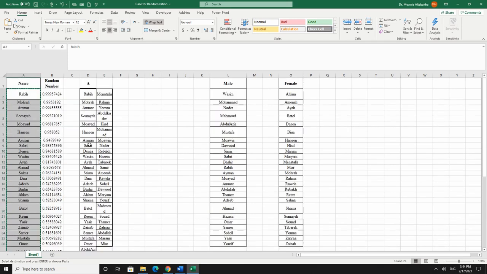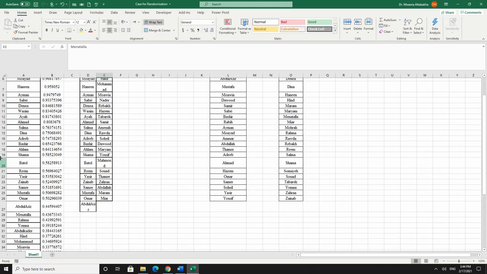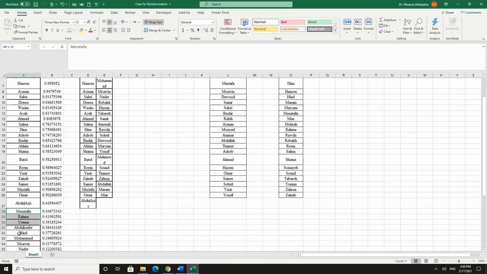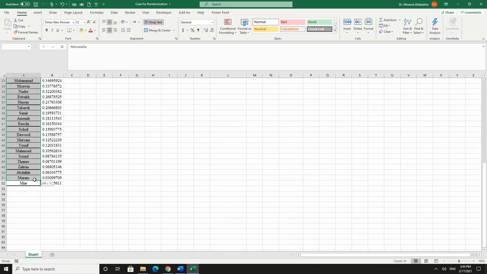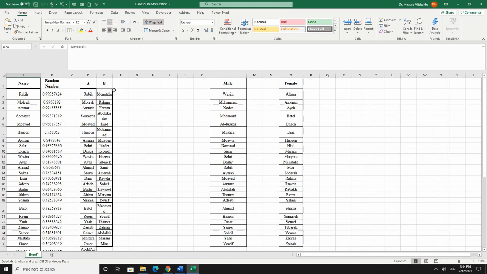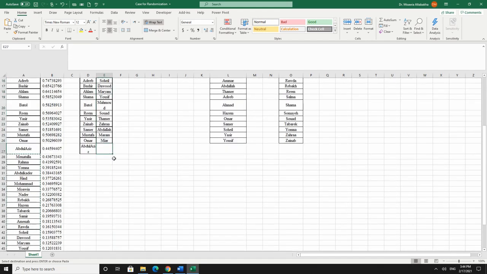Okay, again, here group B, from Minnatullah going down to here. Anyway, strange. Why is something missing?